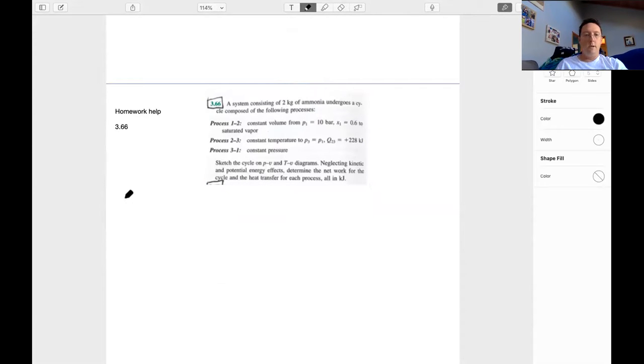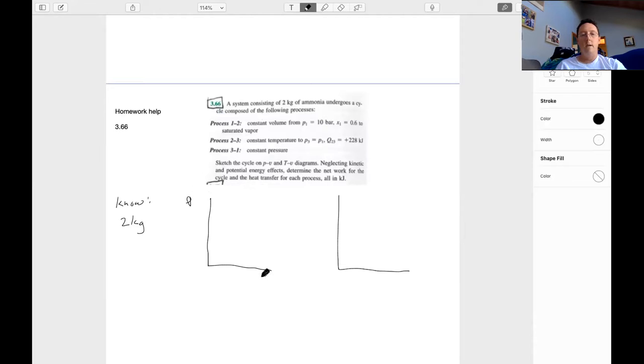So I notice I have 2 kilograms. There's a cycle. Okay, that's fine. It even asked for the sketches, but even if they didn't ask, I would do the same thing.